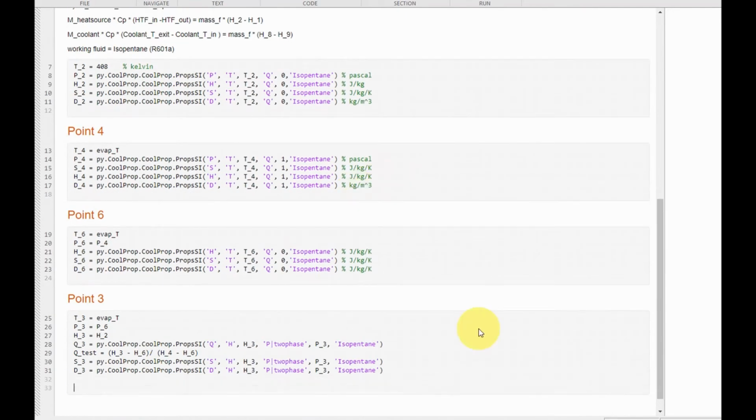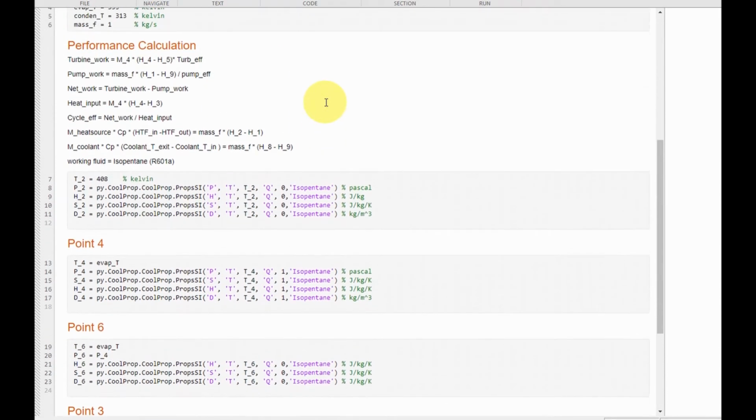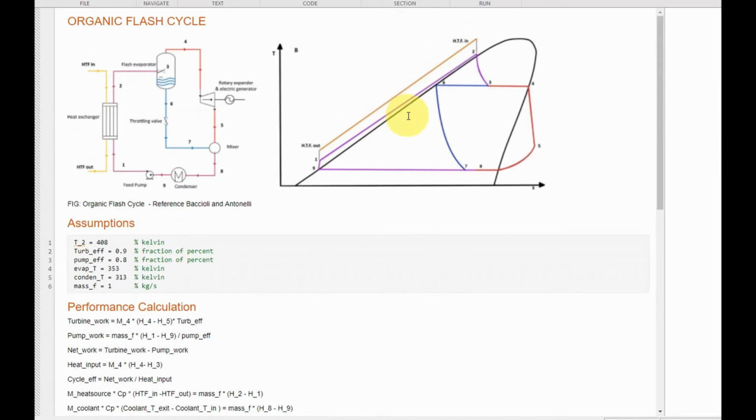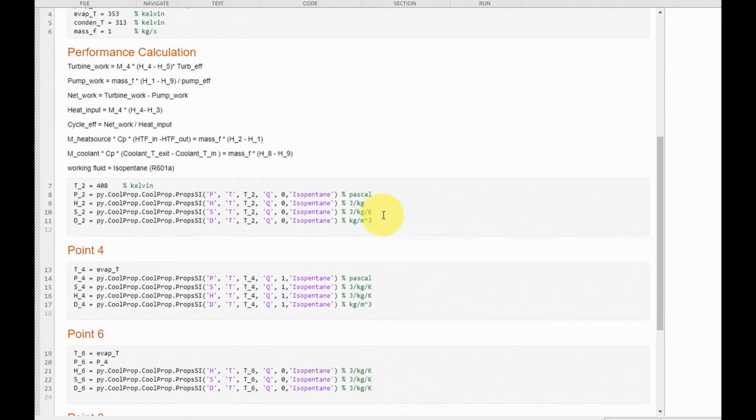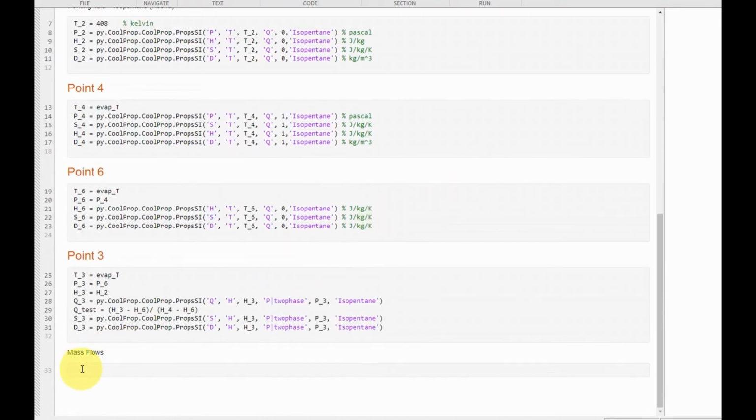So I'll call this mass flows. Let's call the mass flow into the turbine m underscore 4.